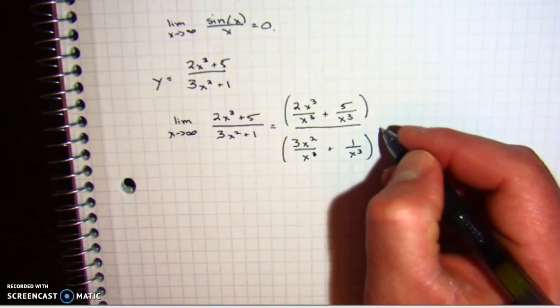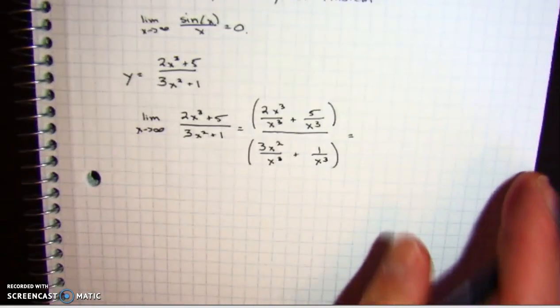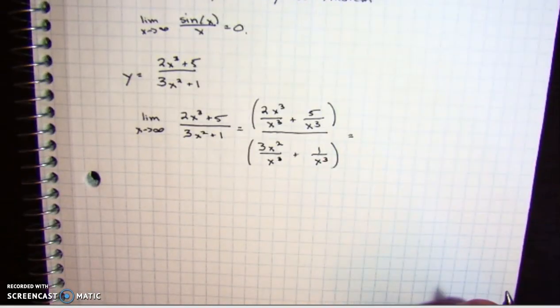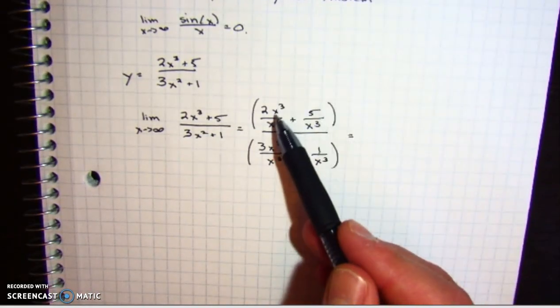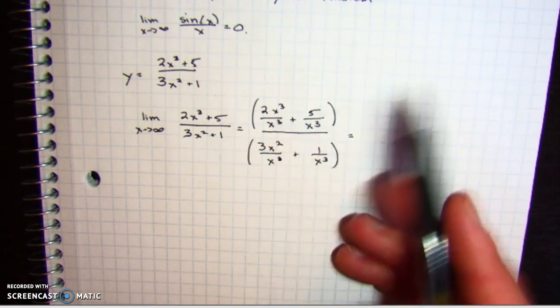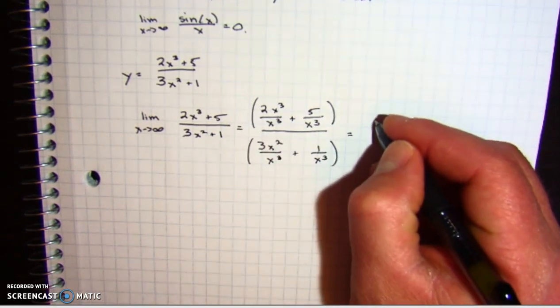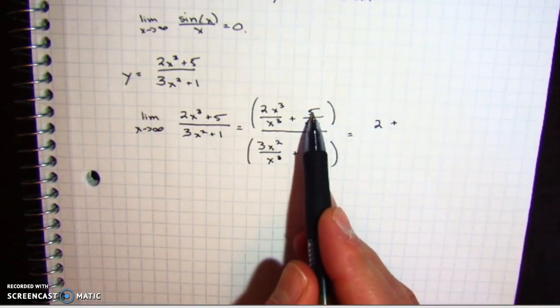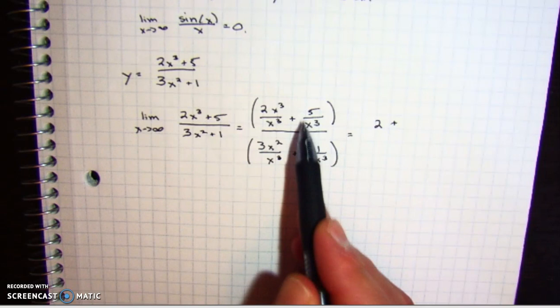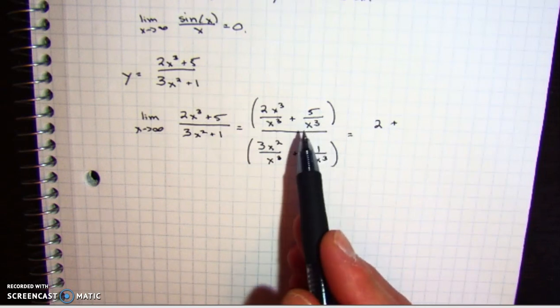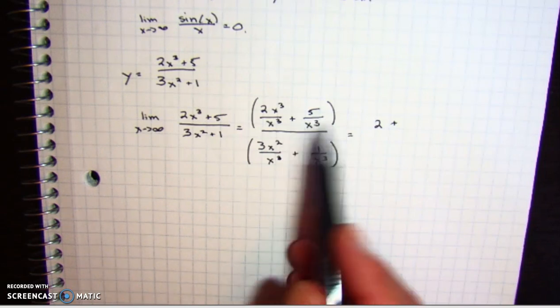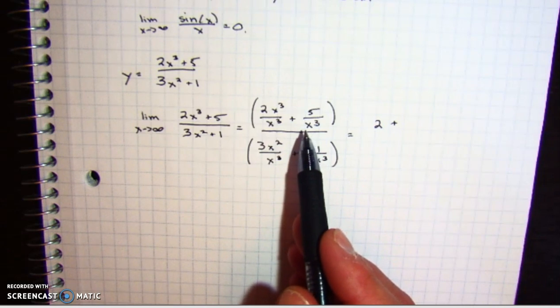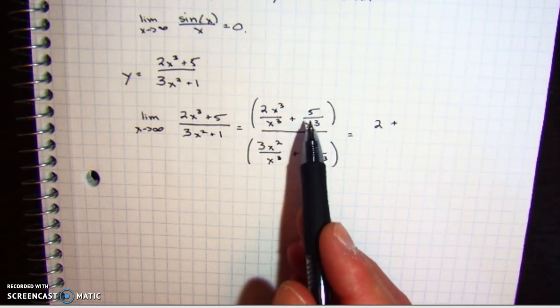Now you have to think of it logically. The x cubed and the x cubed cancel out, so I'm left with just a 2. Plus, I've got 5 over some really massively huge number. Well, 5 over infinity is going to approach 0.